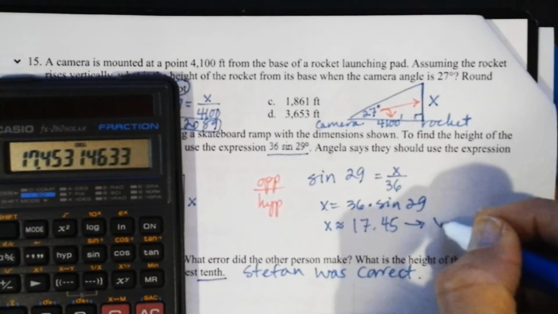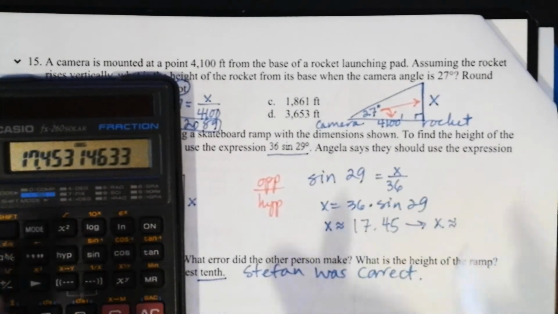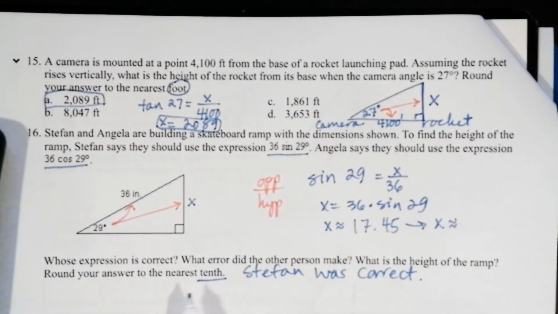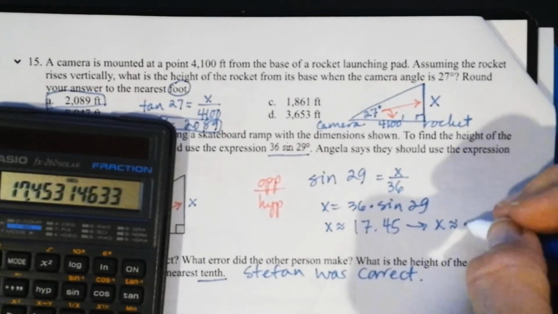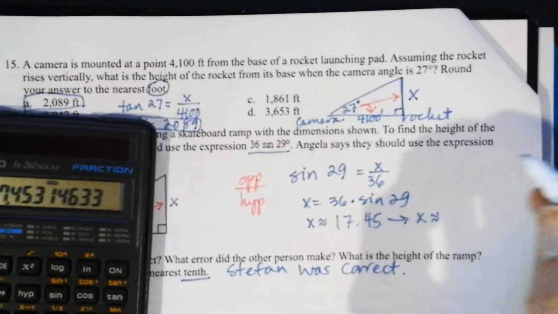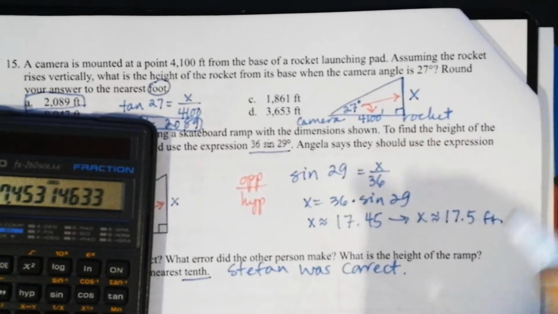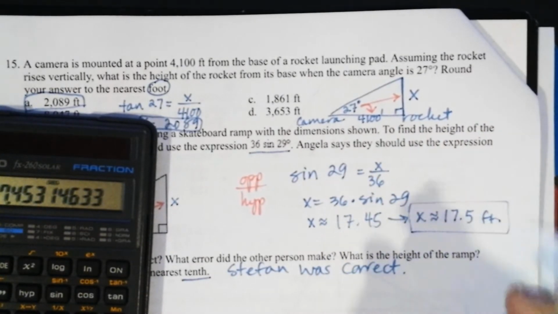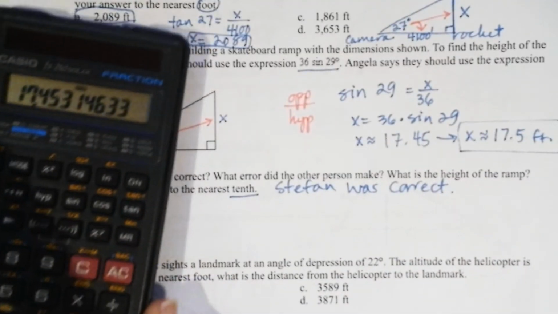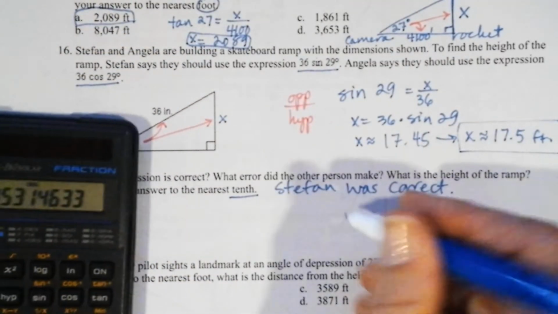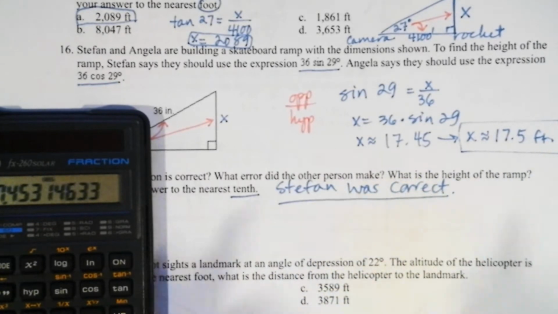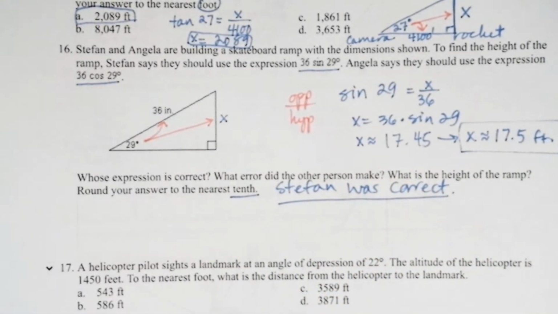It said the nearest tenth, so that's going to be 17.5 feet. Stefan is correct. Questions? Okay.